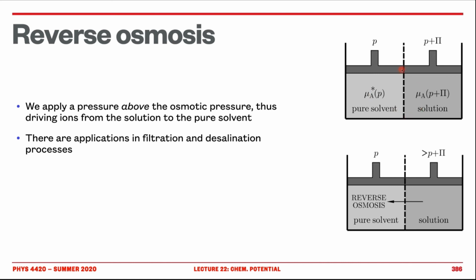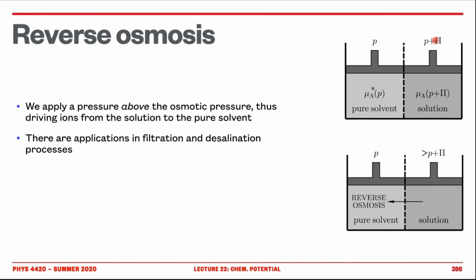And how do you do that? Well, you know that the direct osmosis will lead to the transfer of molecules of solvent to the right, and it will lead to a pressure. Now, if you apply a pressure here that's larger than the osmotic pressure pi, that means basically you are reverting the system, you're reverting the problem.